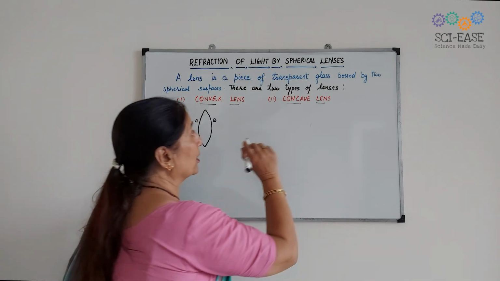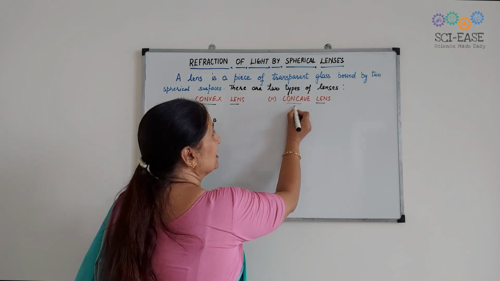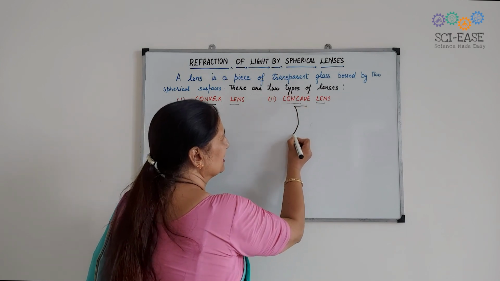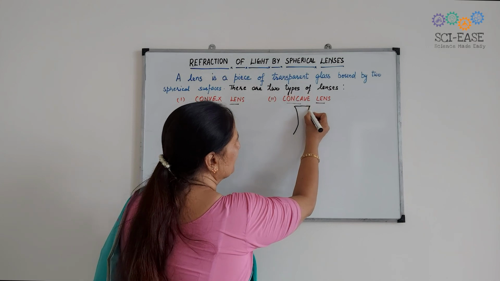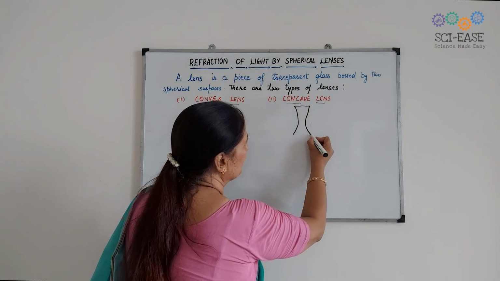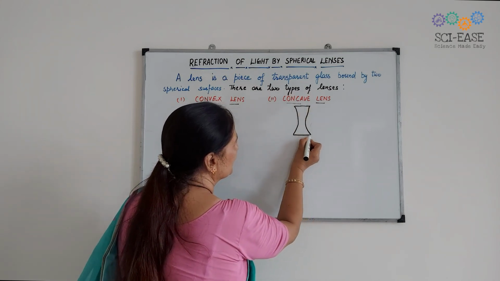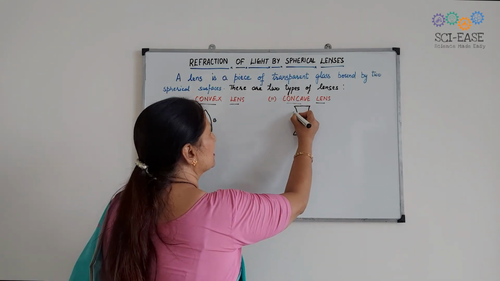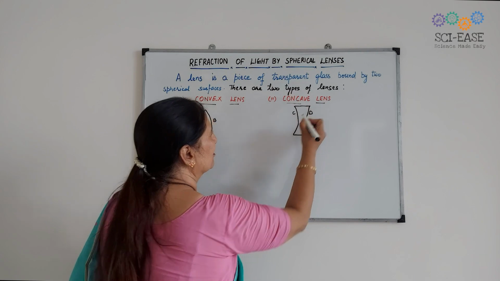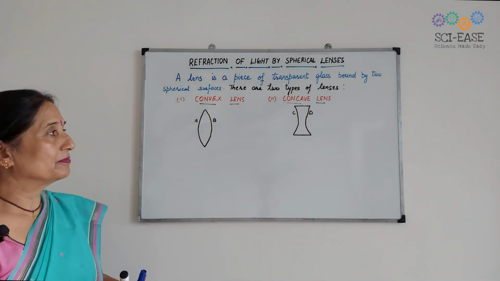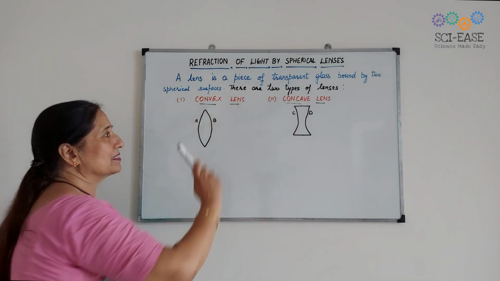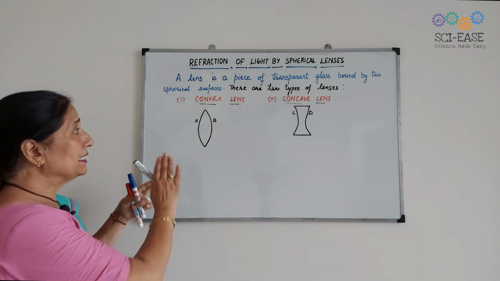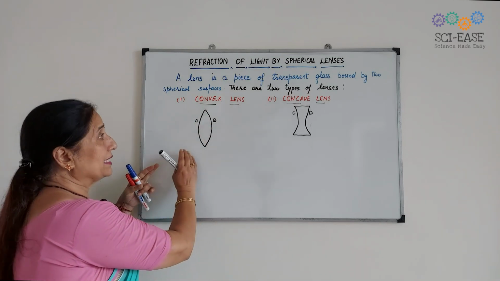And what is the concave lens? It is thin in the middle and thicker towards the ends. Okay? Suppose this is C surface, this is D surface, D concave surface, and this is C surface. So, these are the diagrams.